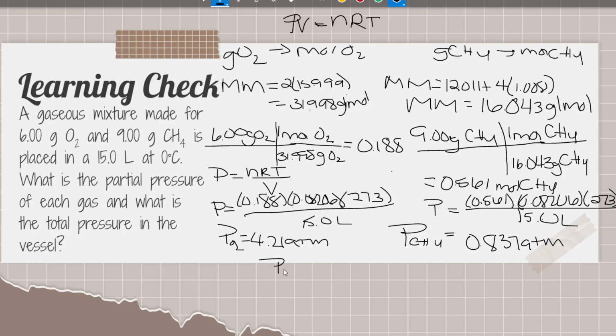And so then to get our P total, we add those two numbers together to get 5.05 atmospheres of pressure. Whew, that was a lot of math. Okay, so hopefully that makes a little bit of sense. Like I said, once you find the pressure for each individual gas, you will be able to find the overall pressure.